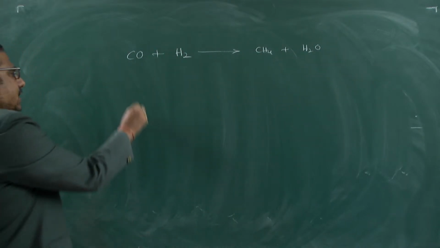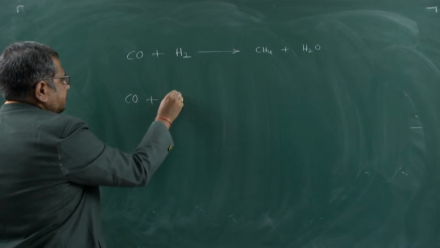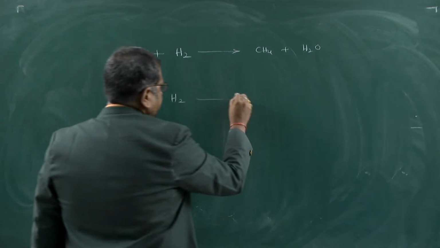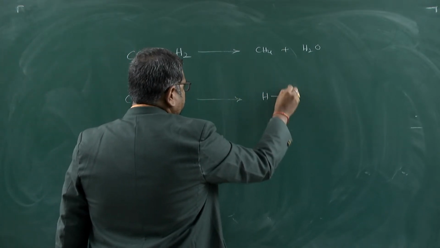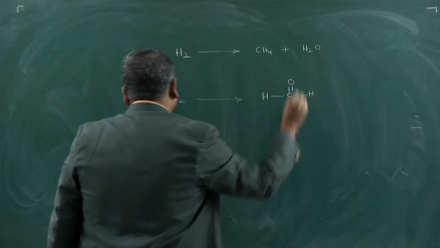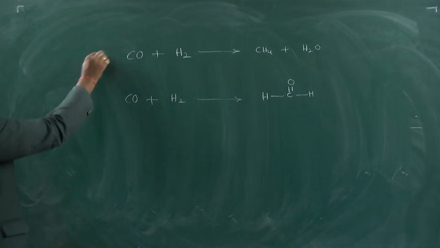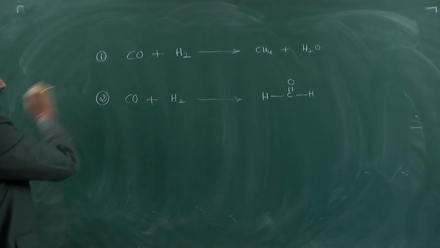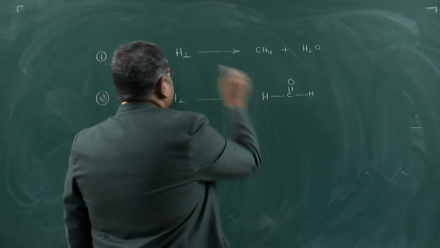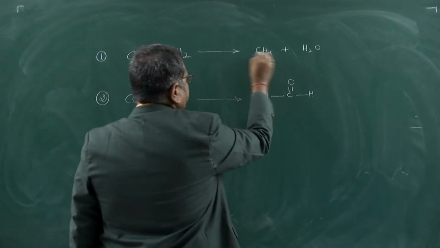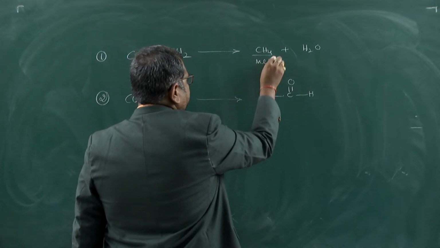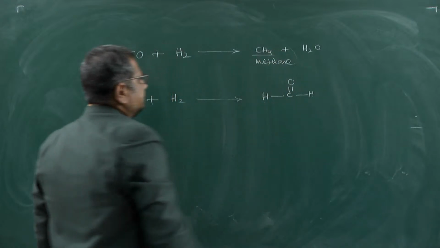And carbon monoxide plus hydrogen also react with each other to form formaldehyde. In both reactions the reactants are the same, but the products generated are different.